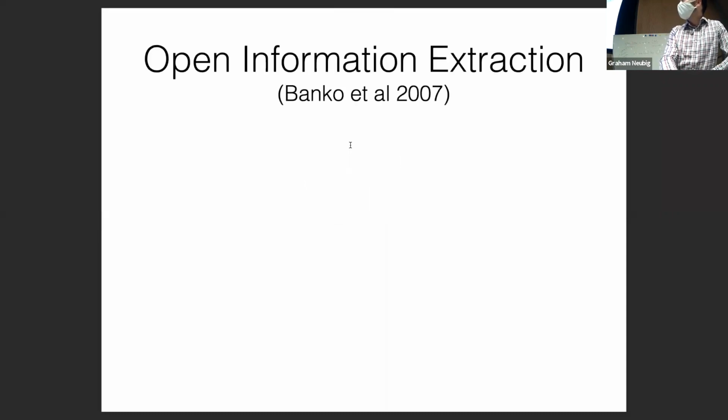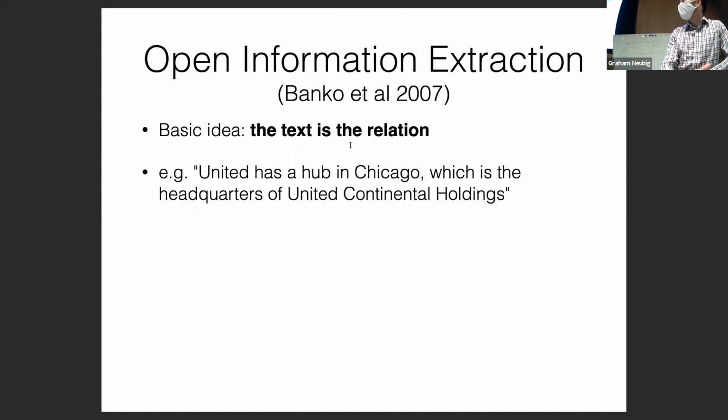However, there's also something called open information extraction. And in open information extraction, the basic idea here is that we don't know a priori what types of relations we'll want to be extracting between entities. So rather, we just use the textual description of the relationship as the relation itself. So if we have a sentence, United has a hub in Chicago, which is the headquarters of United Continental Holdings, the relation would look like United has a hub in Chicago.